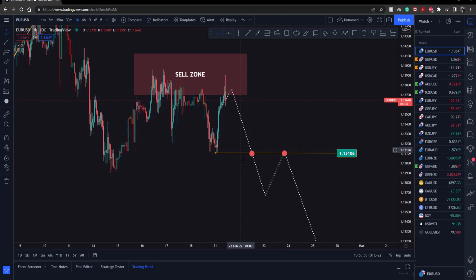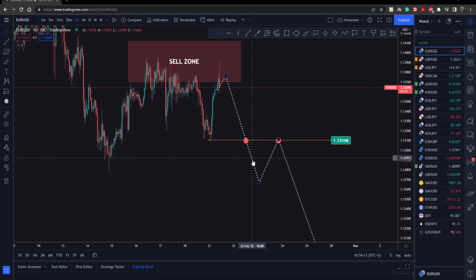The first one would be on the breakout of this previous low, which is pretty much the 1.1310 level. Once we see price breaking below that level, then we can start looking for selling opportunities. And just because I like to be a bit more conservative, I'm gonna wait for a pullback back to this level, and then I'm gonna be looking for a trading signal, basically a candlestick pattern formation, anything like this that would indicate to me that price will eventually continue even lower.